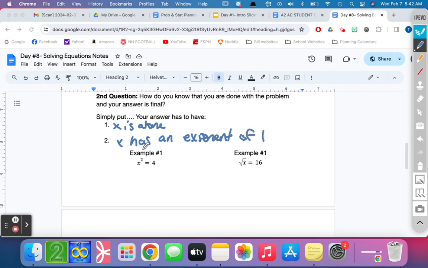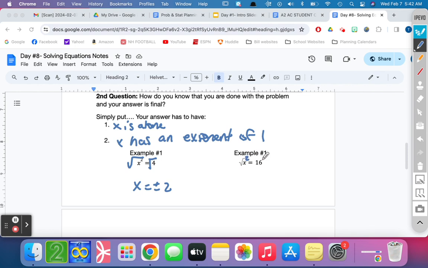Okay. Now, if I undo this squaring by square root, I'm drawing the symbol, so it's going to have two answers, plus or minus 2. Now look, x is by itself, and it has a sneaky exponent of 1, so I'm done.